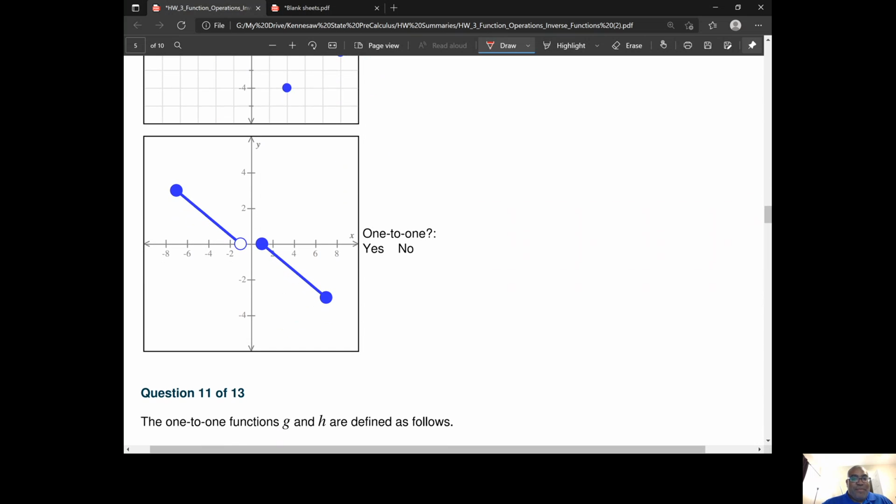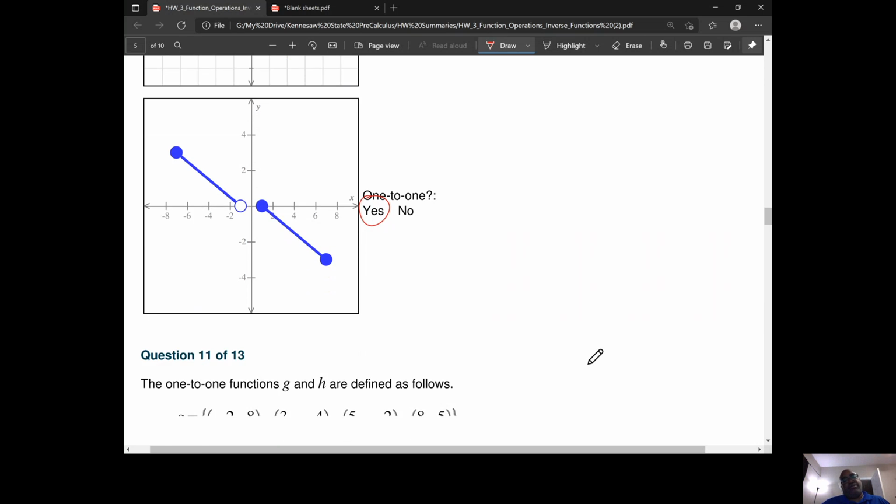This is a tricky one, but yes, this is 1-to-1 because at 1 is the definition of the function. So this gets infinitely close, but it never touches this point. So it is going to pass the horizontal line test all the time.